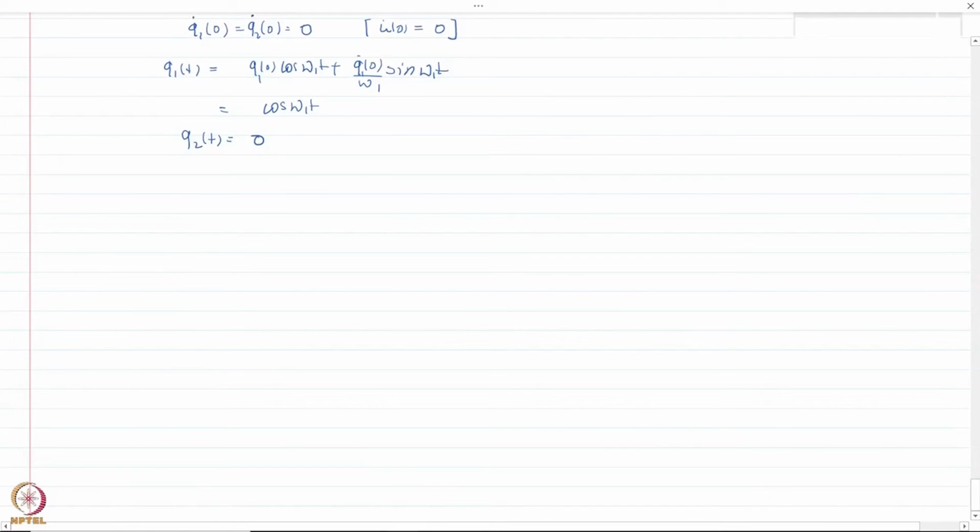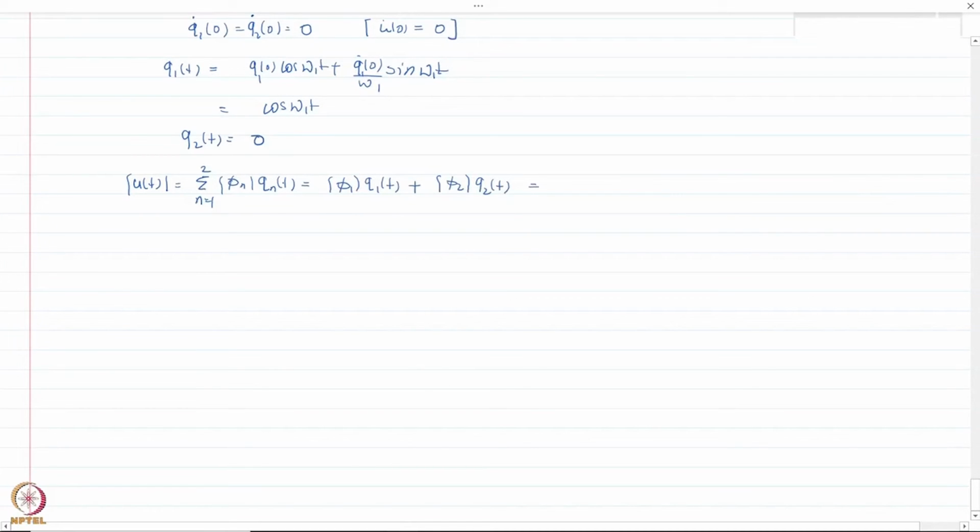Remember, my u of t would be nothing but the summation n equal to 1 to 2 of phi n times qn of t, which is basically phi 1 times q1 of t plus phi 2 times q2 of t, where the second term is equal to 0.